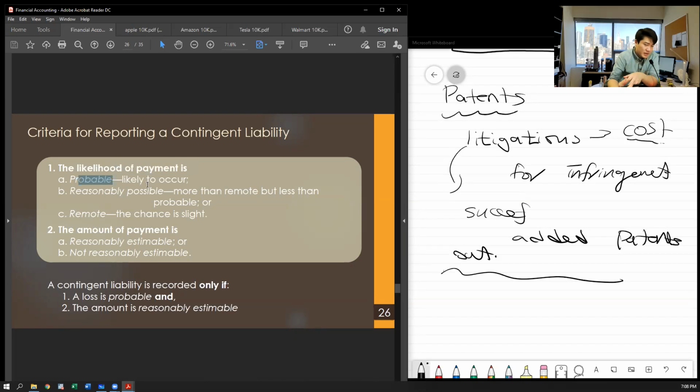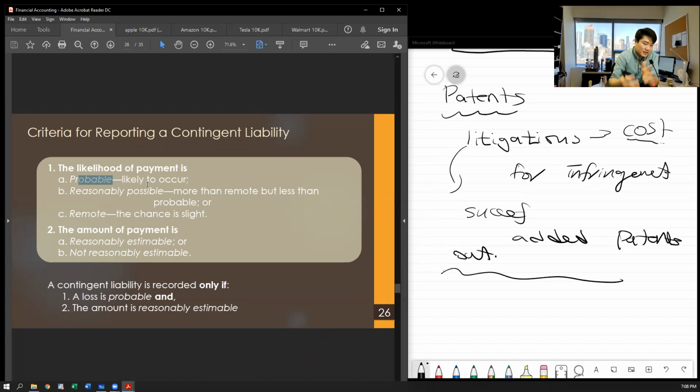If you're asking me, what do you mean by probable or reasonable possibility? Are you talking about 70%? If the company thinks that there is a 70% probability that the company will lose the case, does that mean the company has to report it, or is it 80% or 90%? There is no rule for this.